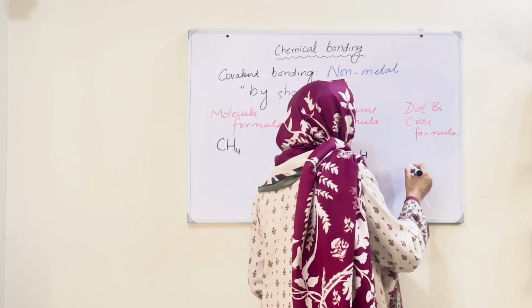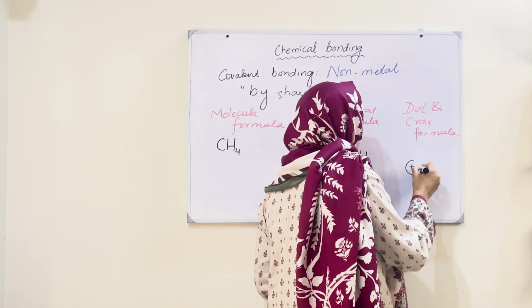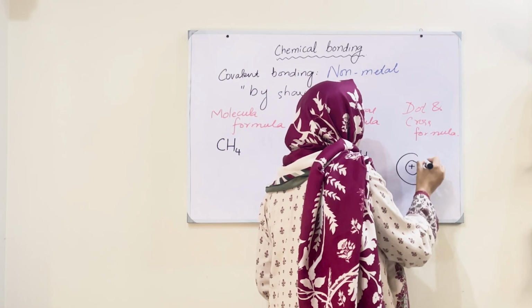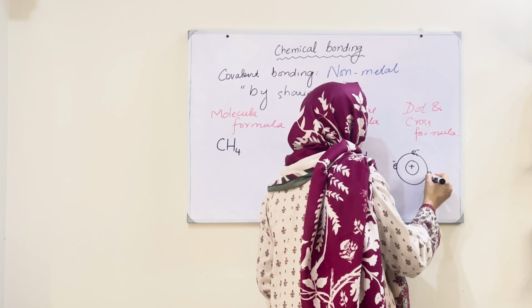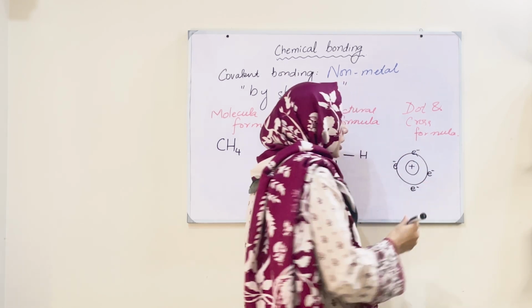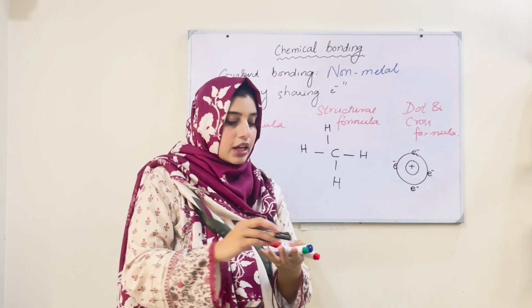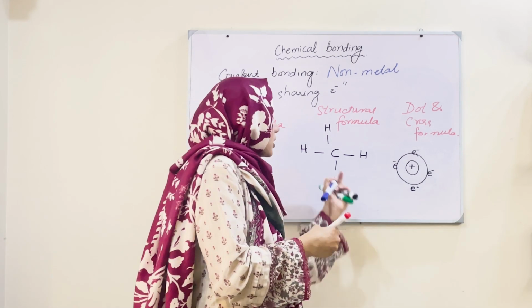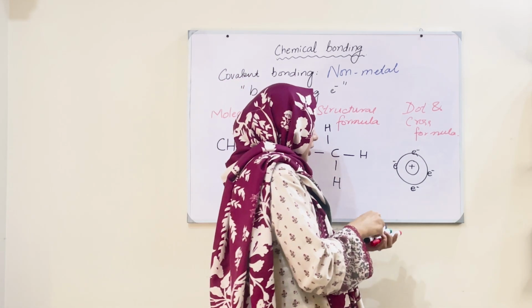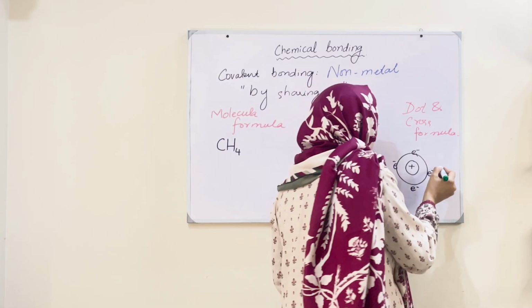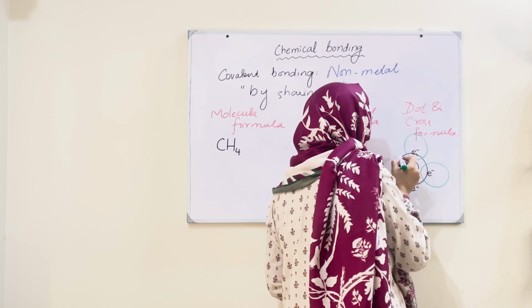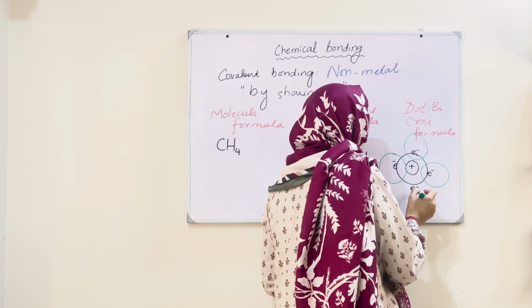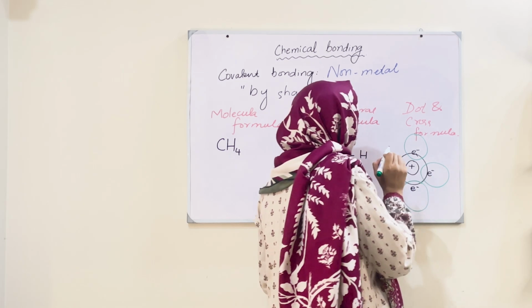In the previous class, I told you that carbon has a central nucleus and the outermost shell has 1, 2, 3 and 4 electrons of its own. Now, hydrogen is sharing electrons with carbon. This is one hydrogen, this is the second hydrogen, this is the third hydrogen and this is the fourth hydrogen.